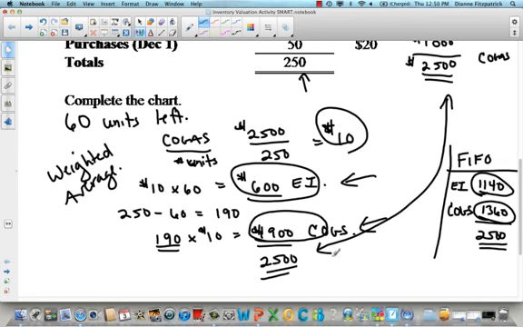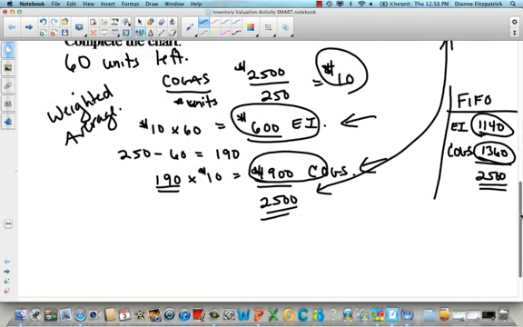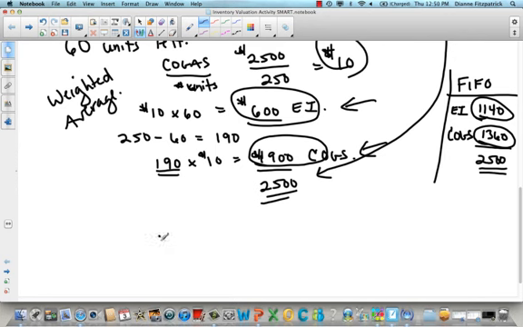However, let's think about this on our income statement. Cost of goods sold, as you know, is an expense. So if we have an expense of 1,900 here, using the weighted average, versus 1,360, which one do you think will have a higher net income? Which method?